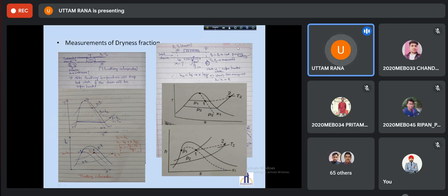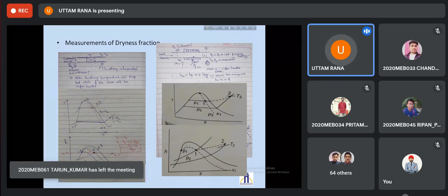Now, what equations can we apply here? If we apply the steady flow energy equation, per unit mass, the enthalpy of the steam which is entering plus the heat transfer per unit mass should be equal to the enthalpy of the steam which is leaving.